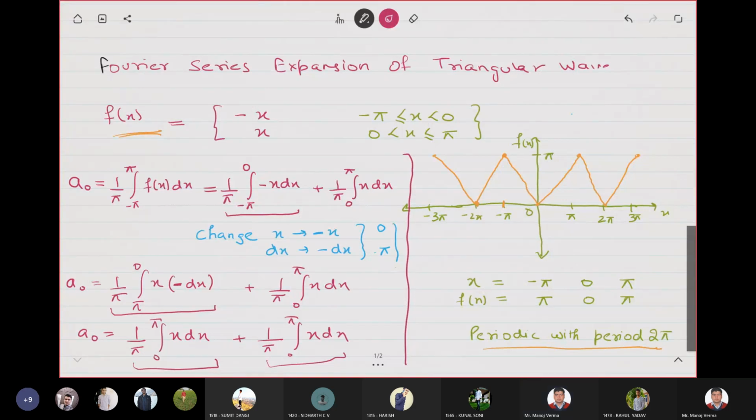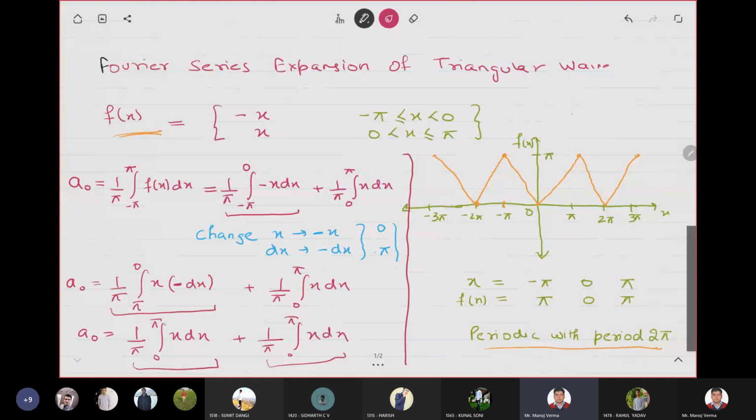If you place a mirror on the y-axis, the function will look the same, and that is the definition of an even function. If you cannot recognize an even function from the definition, still you can see that if you change x to minus x, then the first integral and the second integral come out to be the same, and that is the property of an even function.